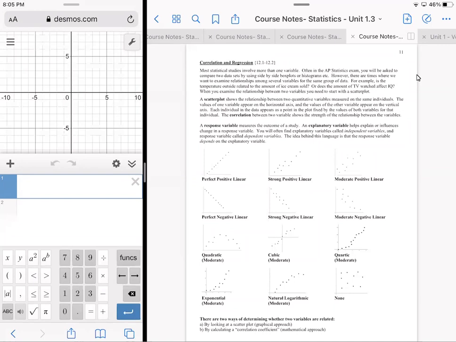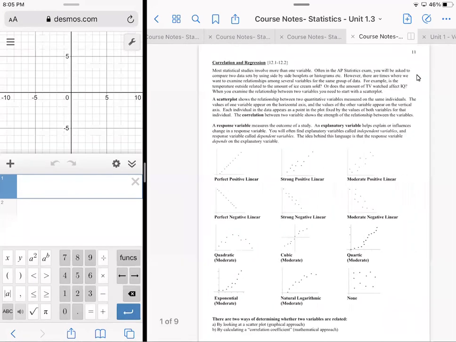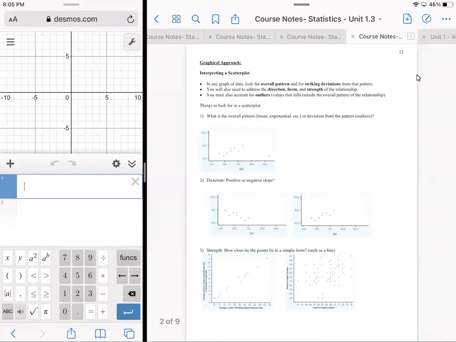So the way we determine whether variables are related, we take a look at the scatter plot, and we also determine what's known as a correlation coefficient. All right. So specifically when we're talking about a linear relationship, we want to talk about whether or not there's a trend to the data and whether or not there are any points that deviate meaningfully from the overall trend of the data.